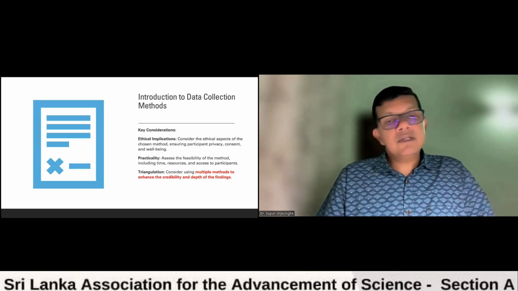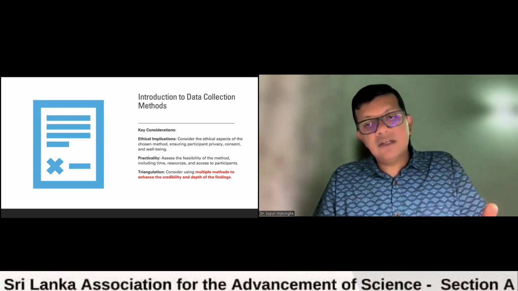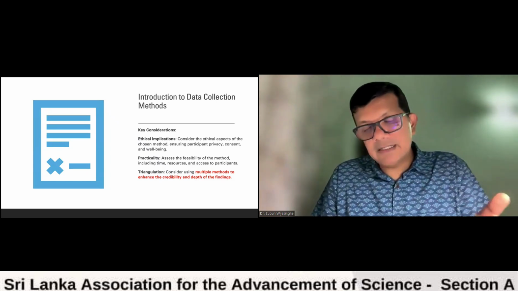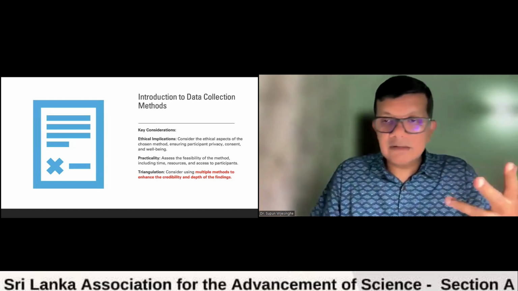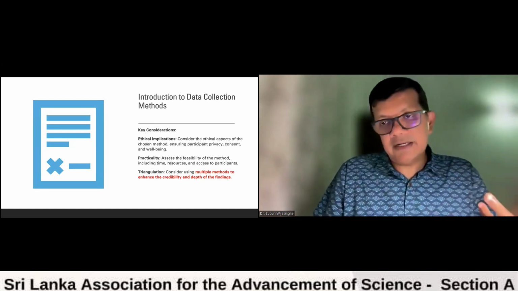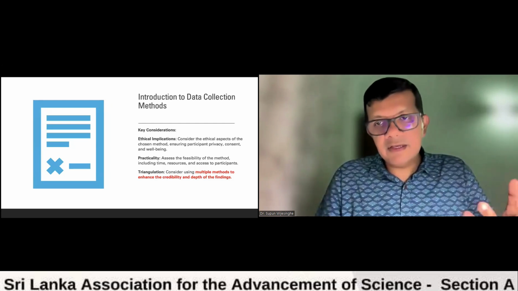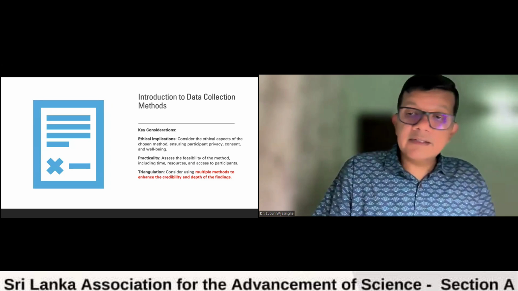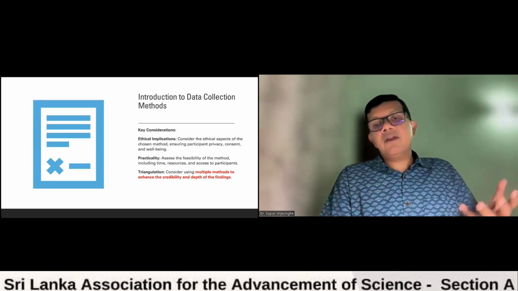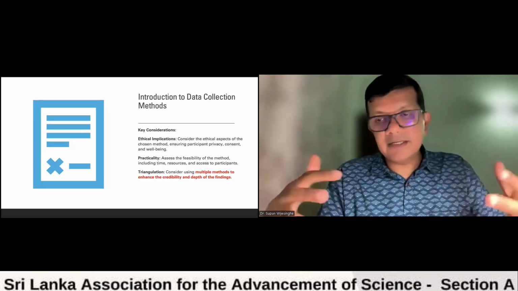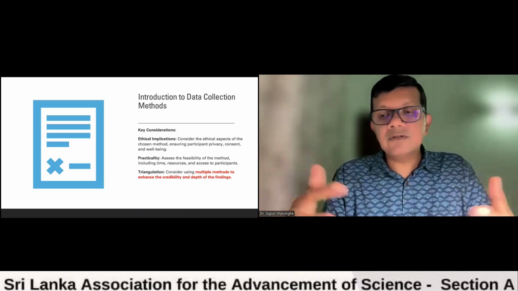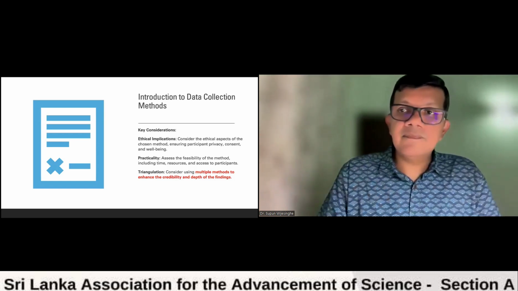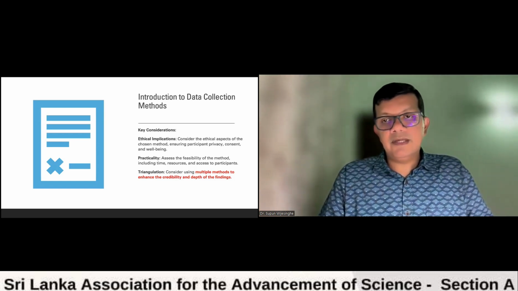So rather than using 2 or 3 in-depth interviews, if you couple them with focus group discussion, document analysis, or visual or observation methods, it enriches data. That is why we always ask people to use multiple methods. The concept is called triangulation. Triangulation is that all the methods, all the data points, point in the same direction. So it's very easy to develop a theory or hypothesis based on that.